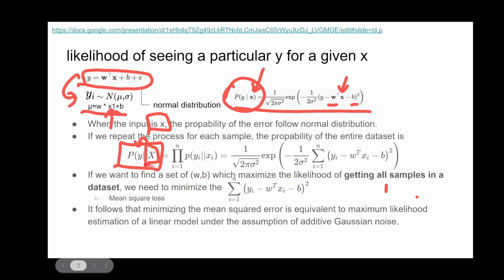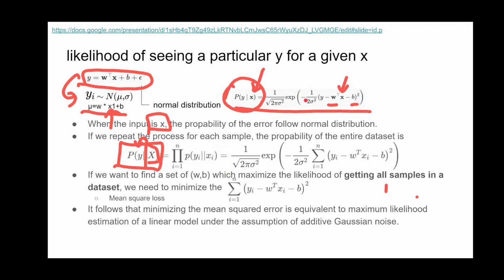Okay, what exactly is this value? For each sample, the probability is this one. If we have n samples, the probability of the total data set is the product of the probabilities for each sample.